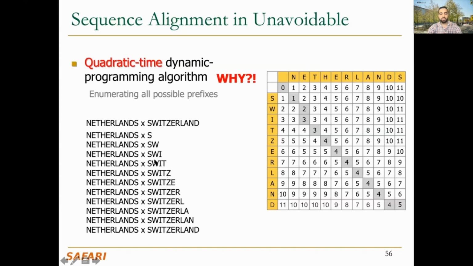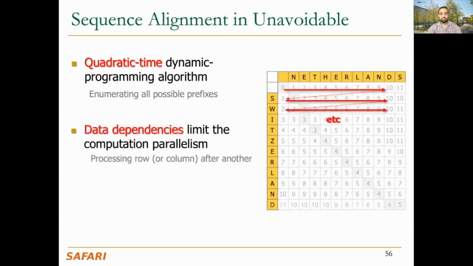If I want to compare the first three characters, S, W, and I, why do I need to compare S and W again? I can just go back to the previous operation I did, check what I did with SW, and then continue with the I. That's why I store the value. Whenever I need it, I go back from one cell to another cell, read the value, and reuse it. That's why it's very useful.